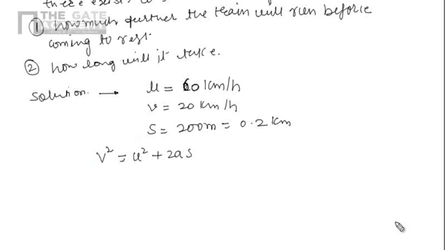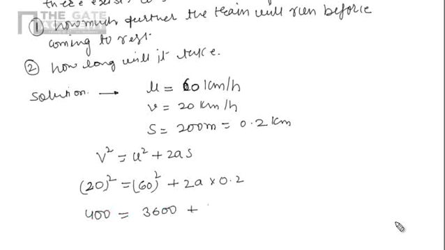So if we put the value of v, that is 20 km per hour, 20 square equals 60 square plus 2a into 0.2. So 20 square is nothing but 400. This one is 3600 plus 2a into 0.2.